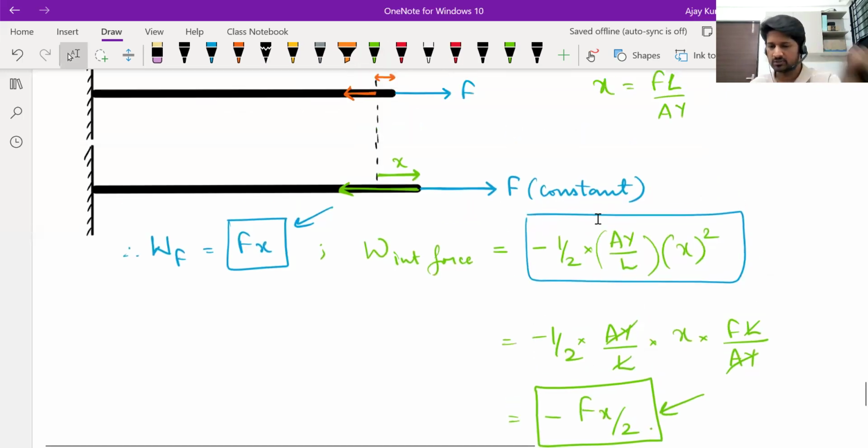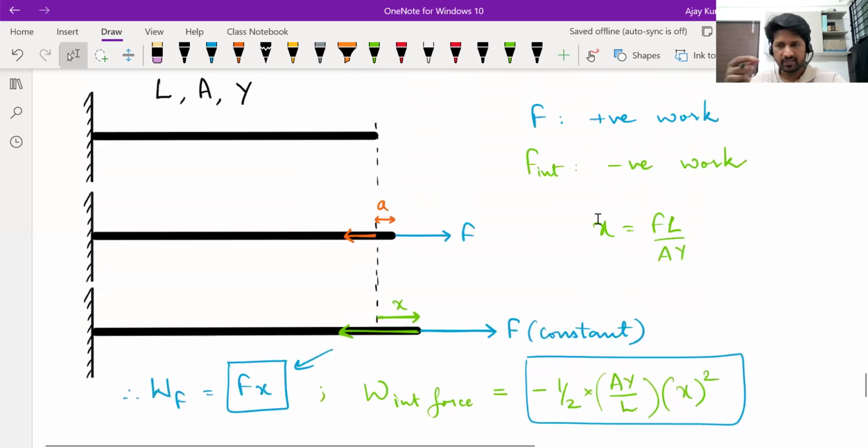Let me explain the situation once again to all of you. While stretching a wire, we stretched it by applying a constant force and we did a work of Fx. But as the wire stretches, the restoring force will be a variable force because restoring force depends on the amount of deformation. It gradually deforms. So step by step, the deformation increases, restoring force increases.